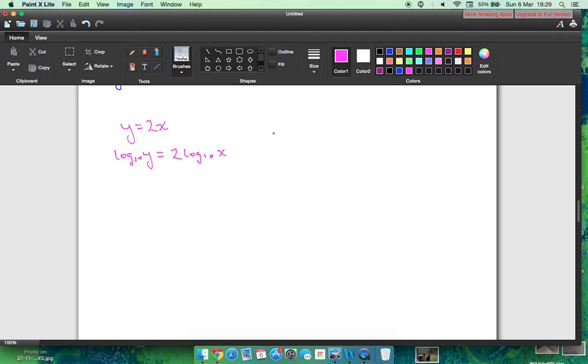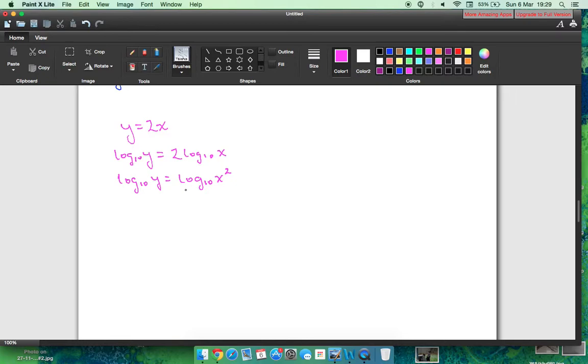Now, once again, we have to rearrange this equation to make y the subject to get it back into power form. So let's do that. I'll rewrite this step. Log 10 of y equals, using log definition, log to base 10 of x squared. 2 log to base 10 of x is the same as log to base 10 of x squared.